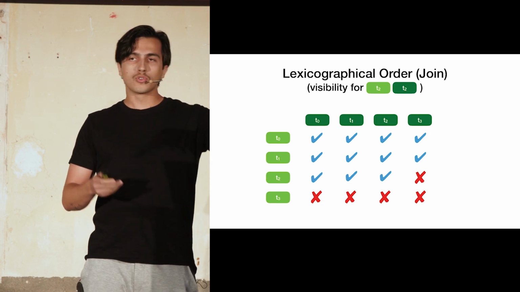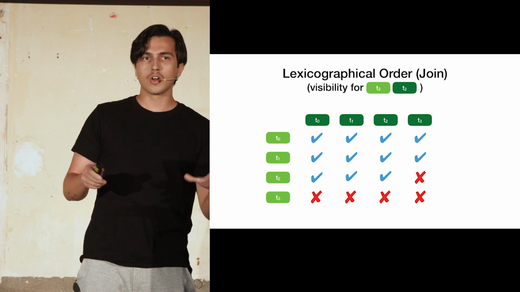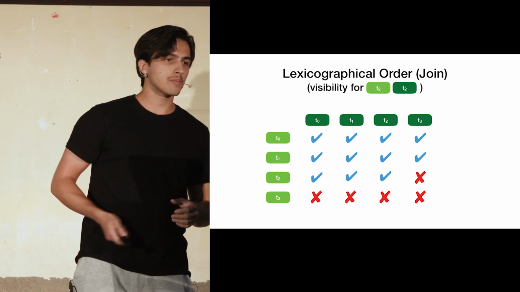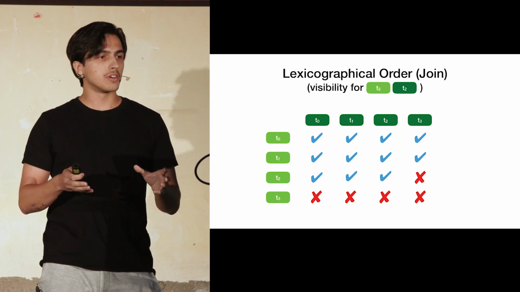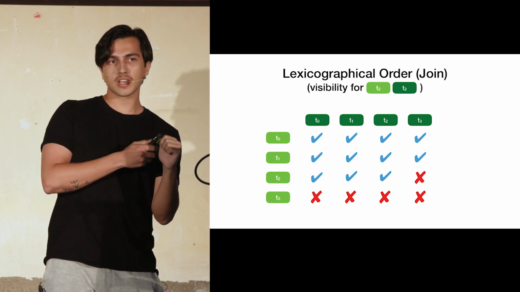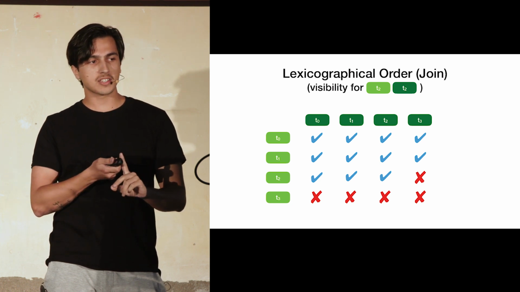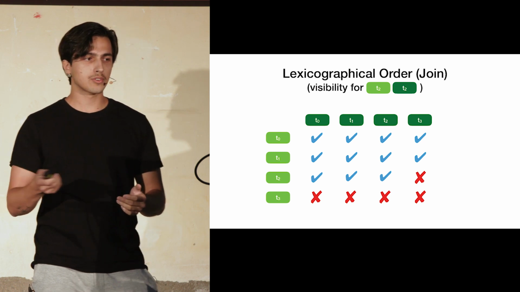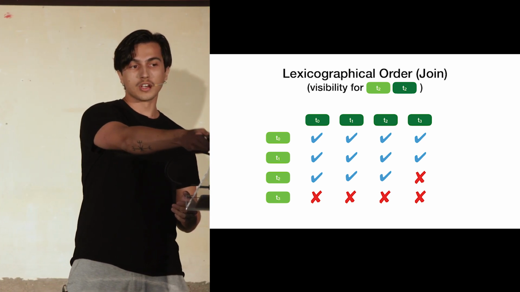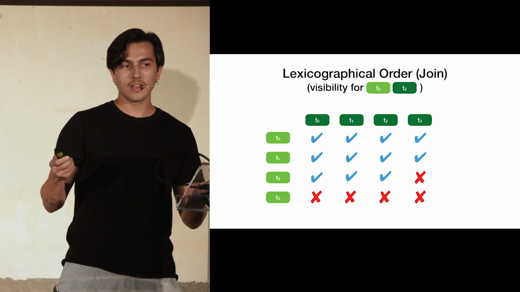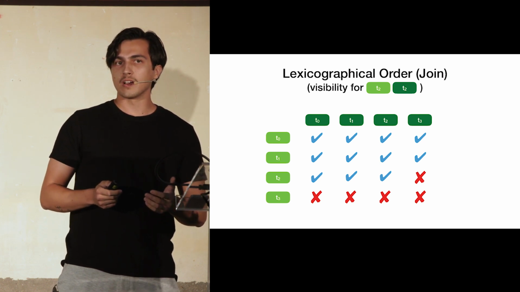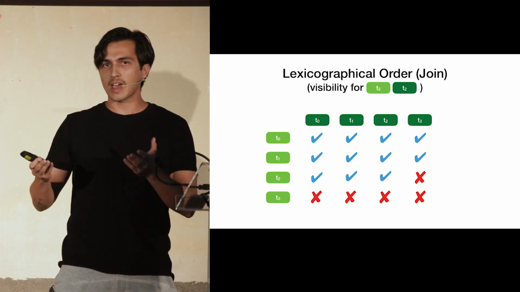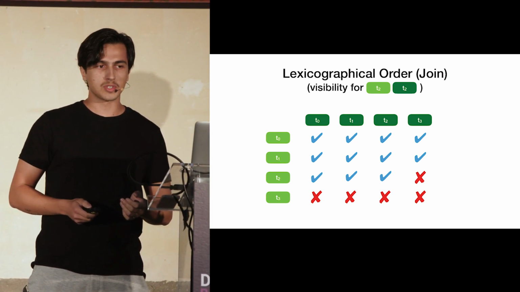If you draw a visibility table of what each transaction can see while it's being processed, you obtain something like this, which we draw for the transaction that happens at clickstream time T2 and metadata time T2. This transaction can see all of the previous inputs on either of the inputs. It can even see transaction 3 on the metadata topic if that is already available. So we just hand everything through as soon as we see it.